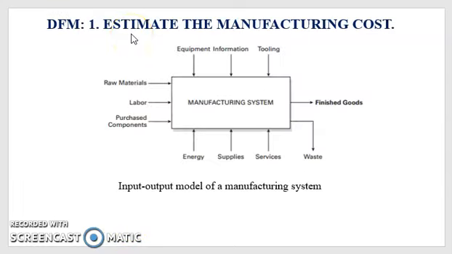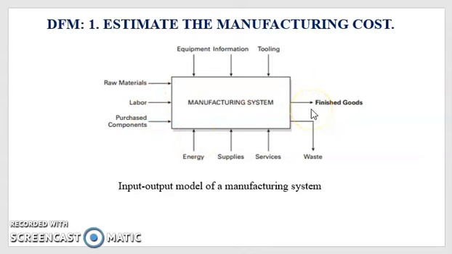The first step in DFM is to estimate the manufacturing cost. The estimate of manufacturing cost is taken by considering a simple input-output model of a manufacturing system. The inputs to the system are raw materials, purchased components, employees' efforts, energy, and equipment.